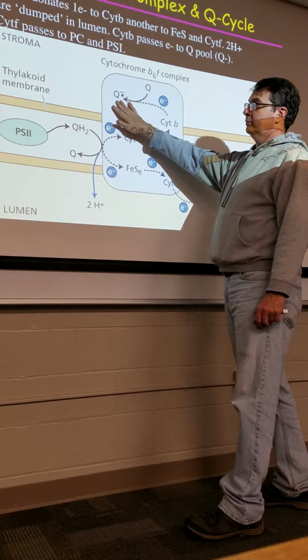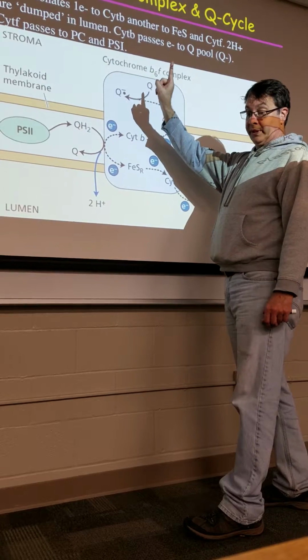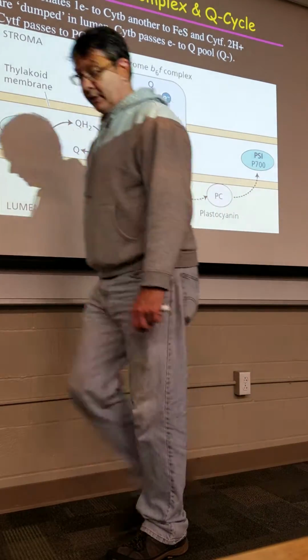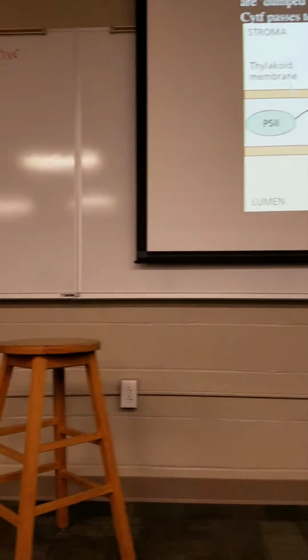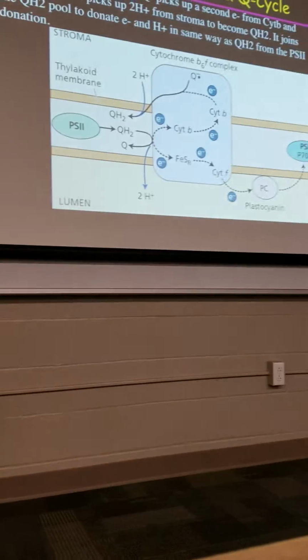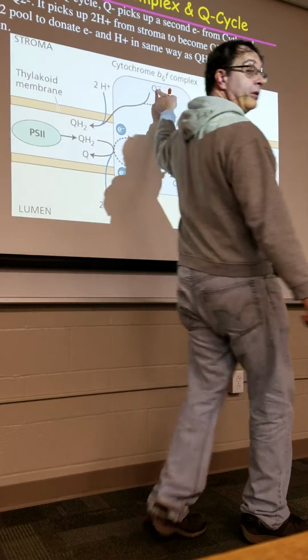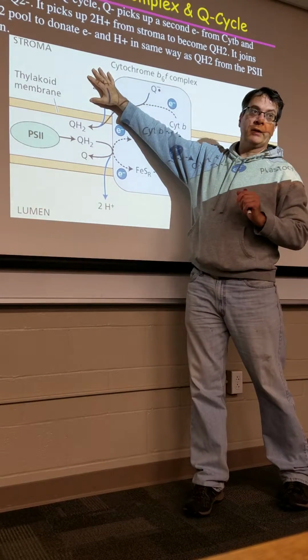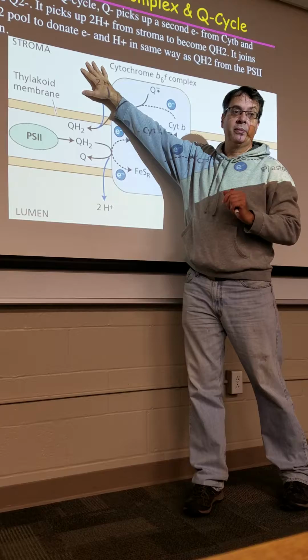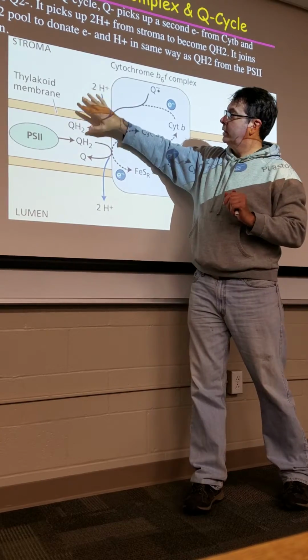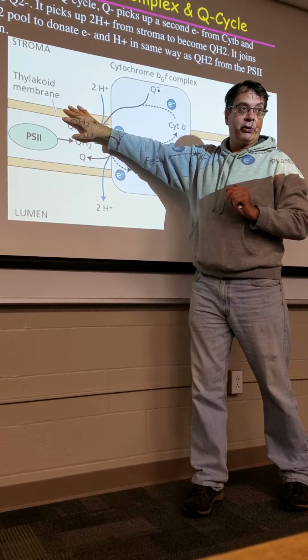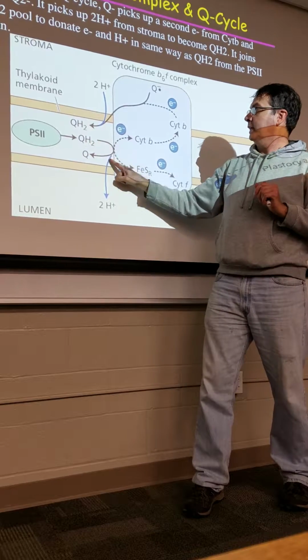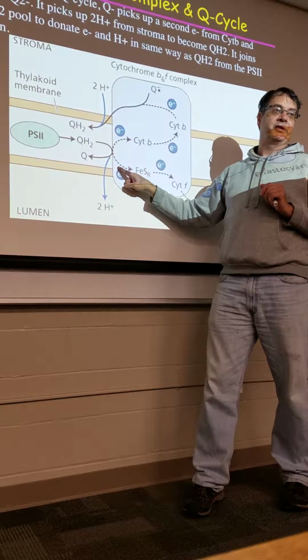That's the same as Q star. And then the semiquinone picks up a 2nd electron, in which case it's going to pick up 2 protons from the stroma. We've regenerated QH2, and this is going to funnel back in at this site of cytochrome B6F.